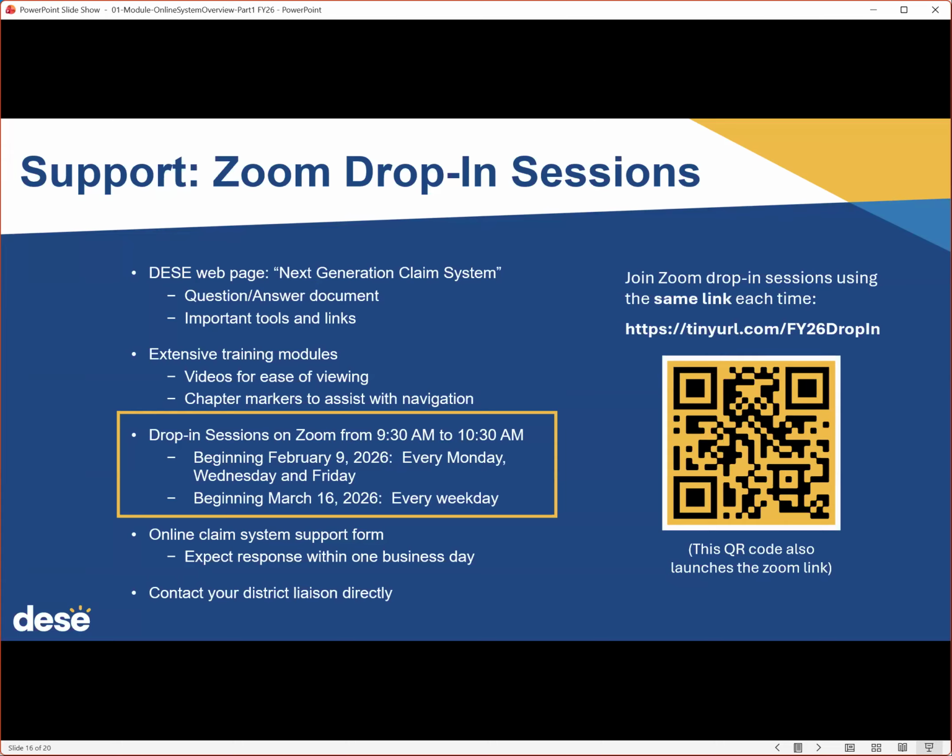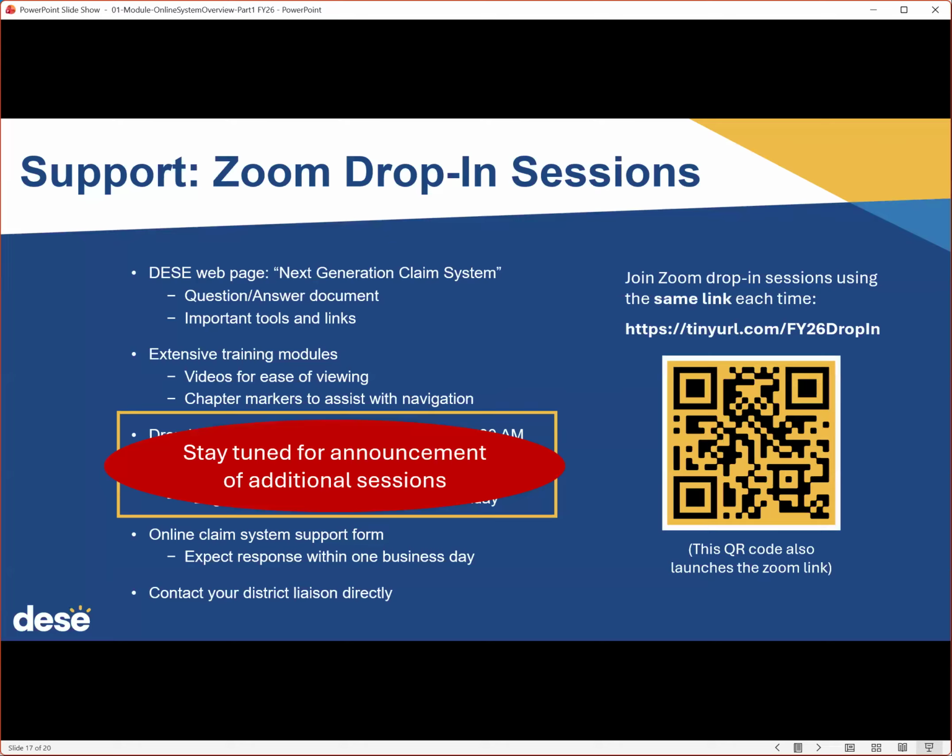You'll go to, and the URL is on the right here, tinyurl.com/FY26 drop-in, and that QR code also takes you to the Zoom link. So again, every Monday, Wednesday, and Friday, beginning February 9th, then every day, beginning March 16th. And we'll also be adding additional drop-in sessions in support of final year-end claims. So please keep an eye out on your email for additional information as those are scheduled.